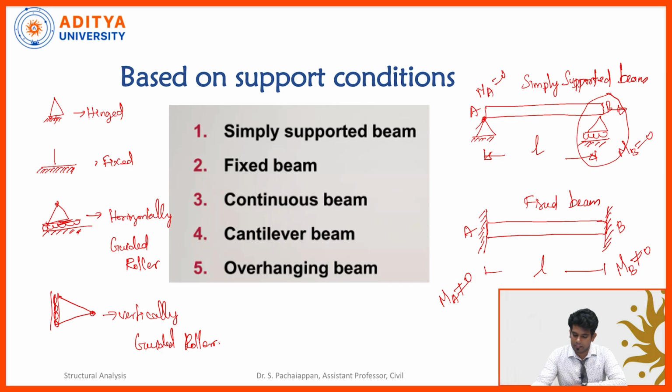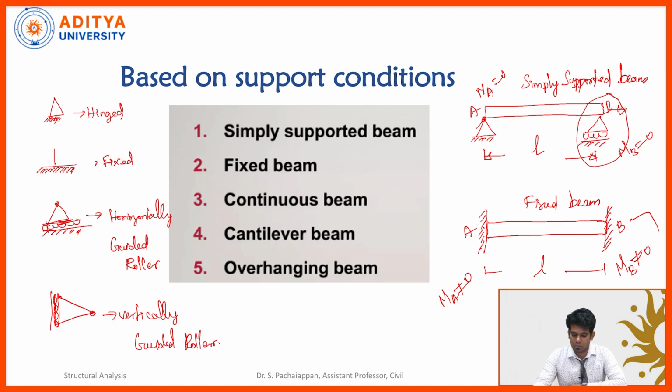Let's see some examples. Simply supported beams are generally used in bridges. On top of that, the girder is placed. Where is the fixed beam used? In the structures we use day to day, for example, our own houses and institutional buildings. If you observe the column and beam joint, it is a fixed connection. It's not a pinned connection, it's not a simply supported connection, it's a fixed beam.